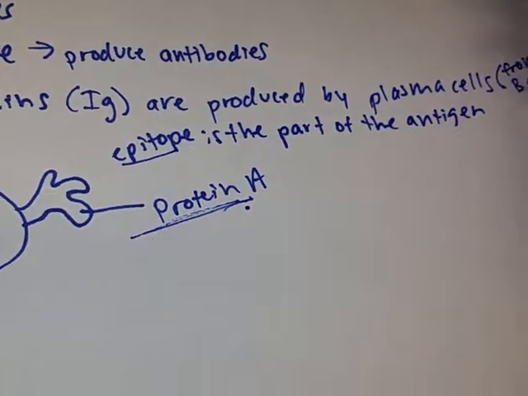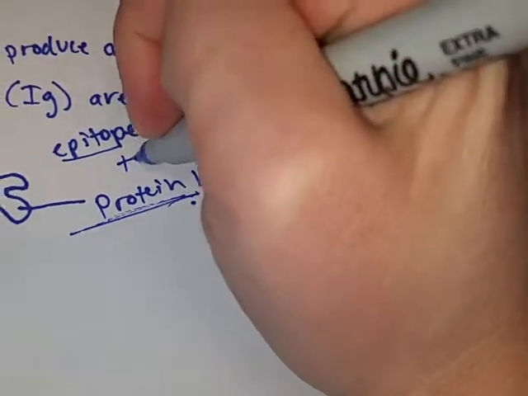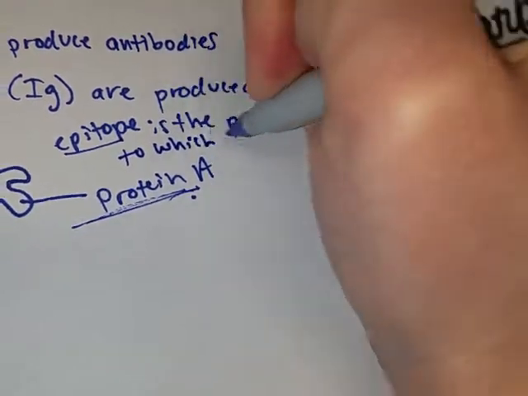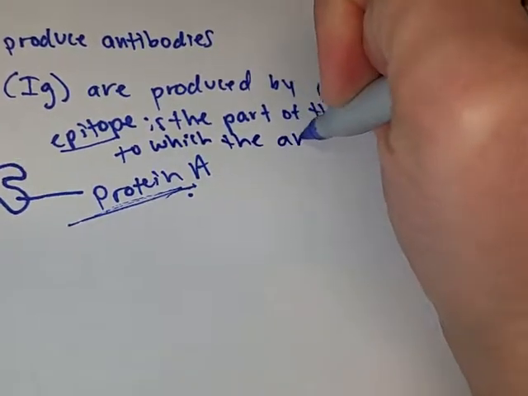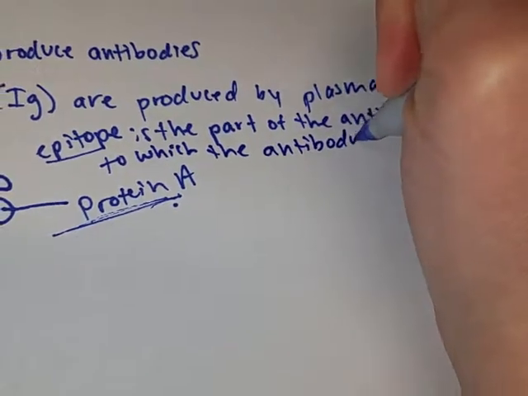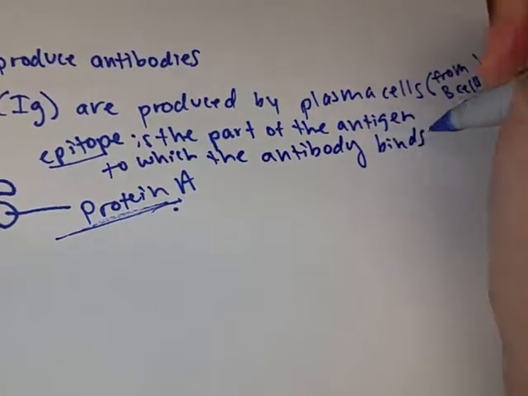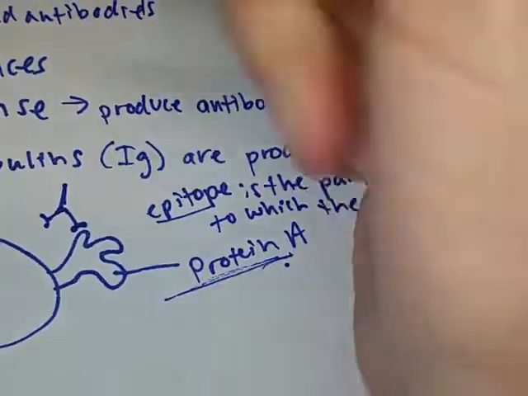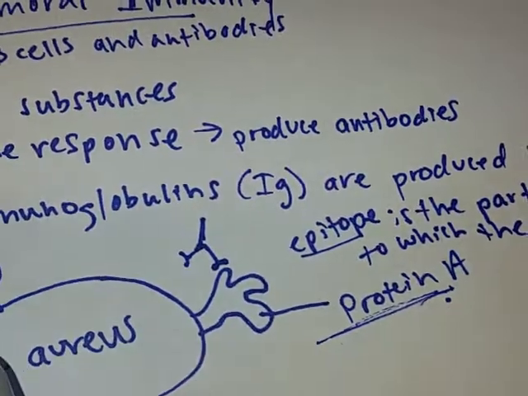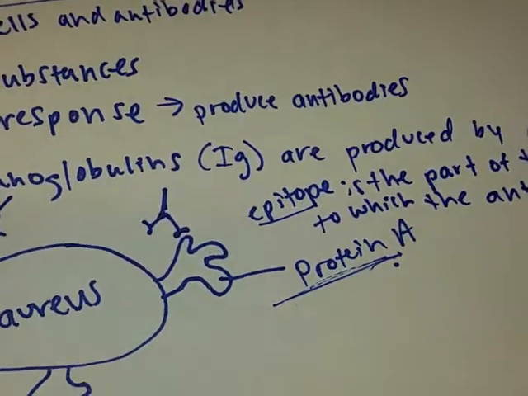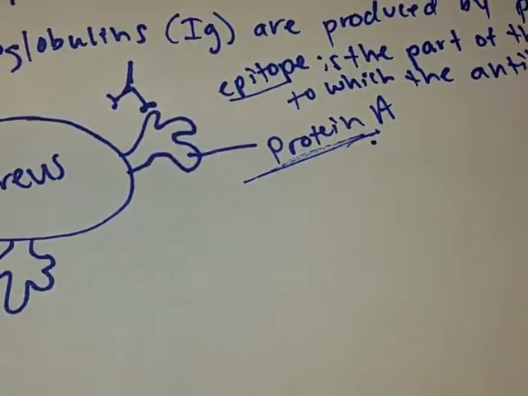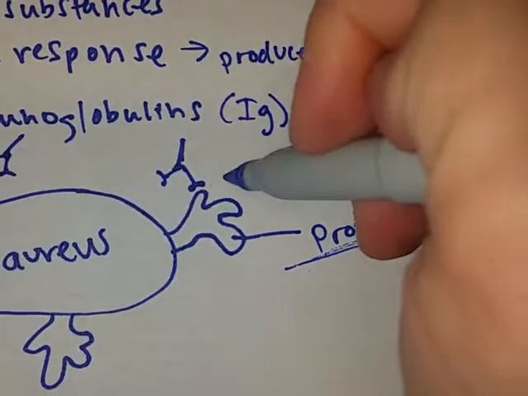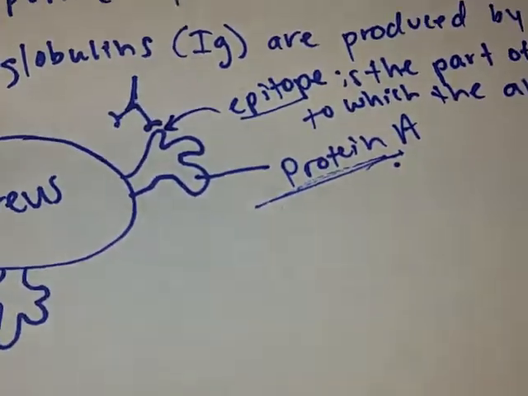So the epitope is part of the antigen to which the antibody binds. Maybe the antibody binds this little spot right there, and on this protein A it would only bind that specific spot.